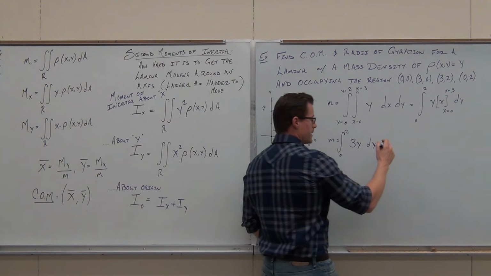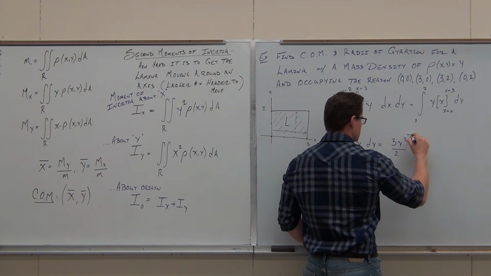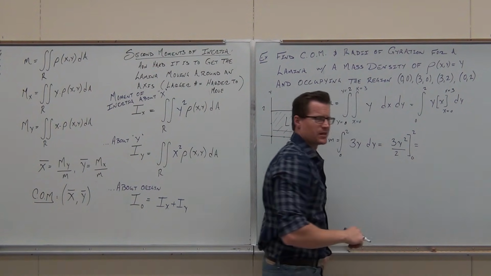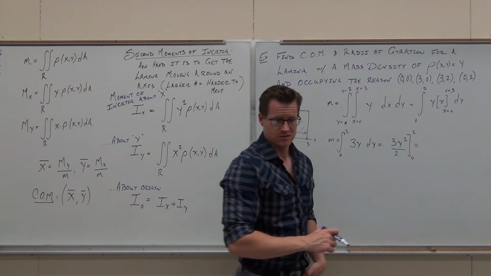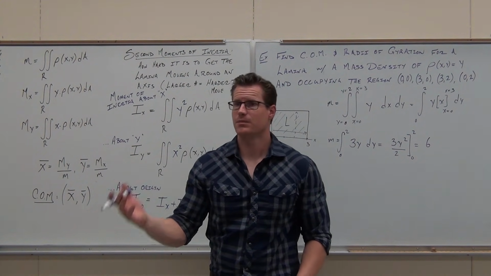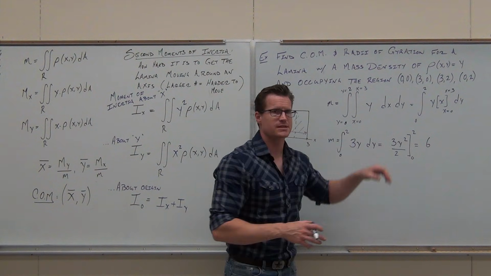Well, y'all know how to do that. That's 3y squared over 2, from 0 to 2. How much is that? 12 divided by 2 is 6. Fairly painless. That's the mass of that lamina.